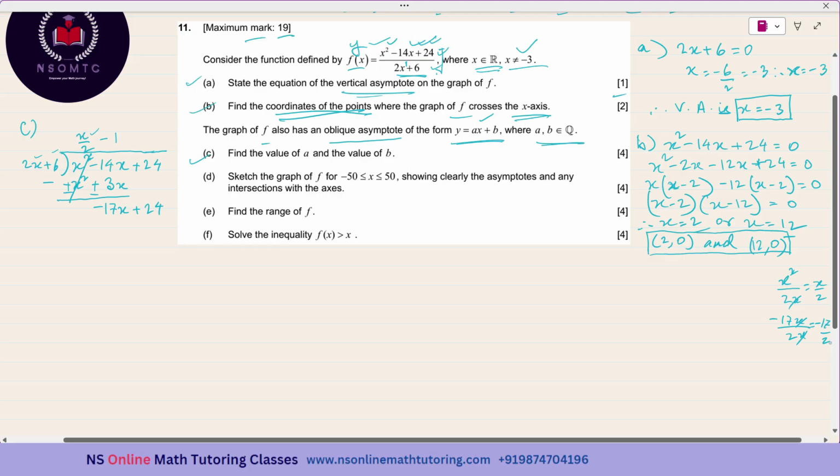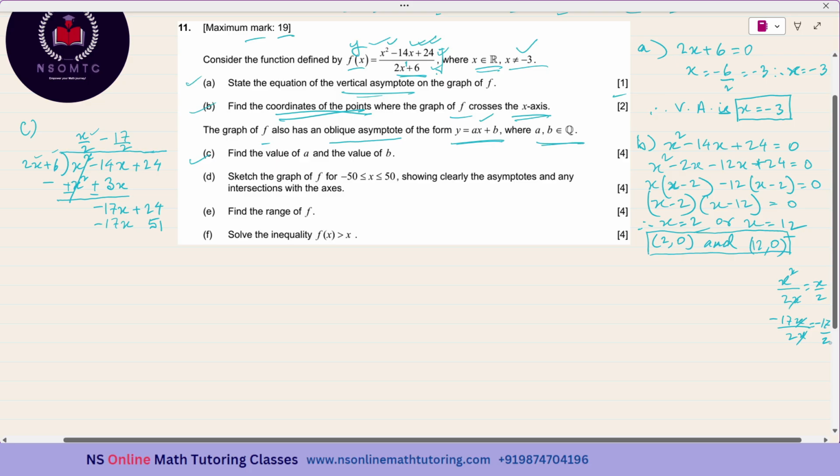Multiplied by 2x, this gives us negative 17x. And negative 17 over 2 times 6 is 3 times 17. So 3 times 7 is 21, 1 and carry 2. And of course, you can use the calculator. So 3 times 1 is 3 plus 2 is 5.